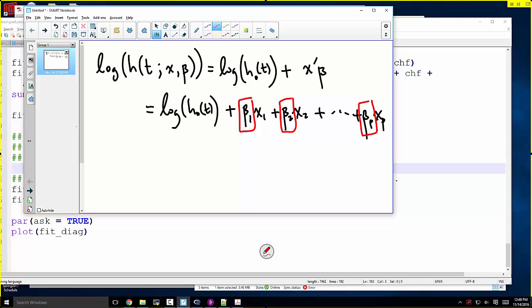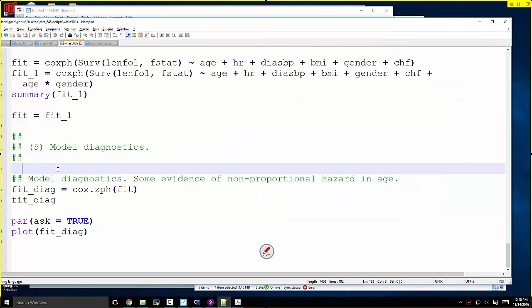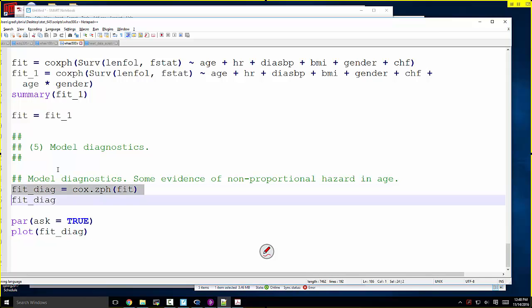If we have evidence that the effects do change with time, then we have evidence against the proportional hazards assumption. So I'm going to show you today two ways to assess that assumption. The easy way is to use this built-in function in R, cox.zph.